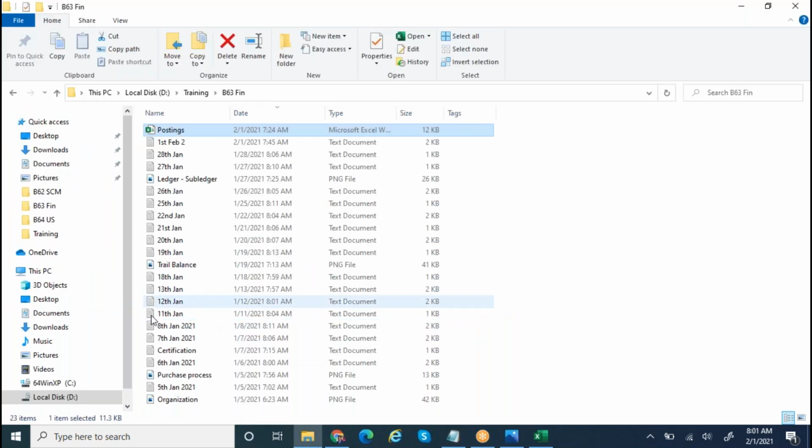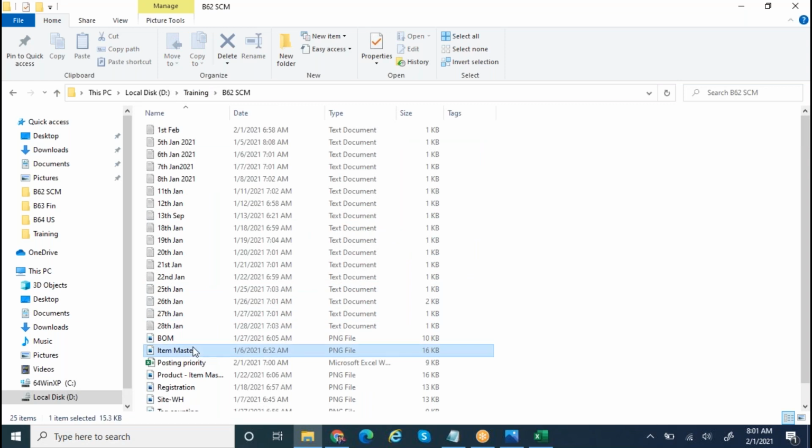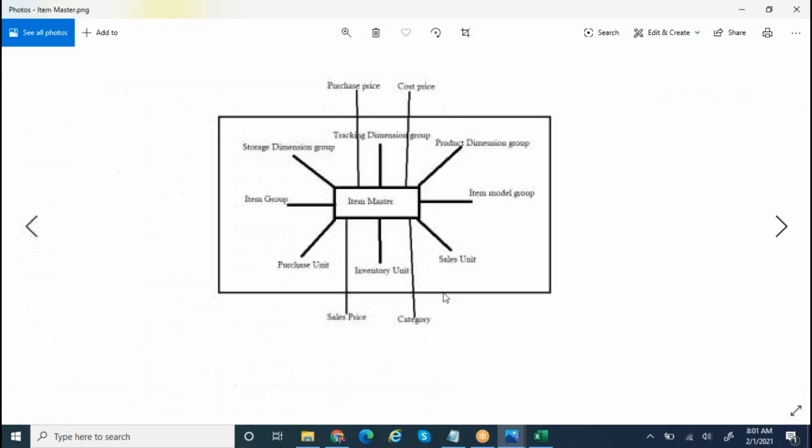Non-stocked product means, let me recap. Item is tagged with item model group. In this item model group, it is non-stocked product.